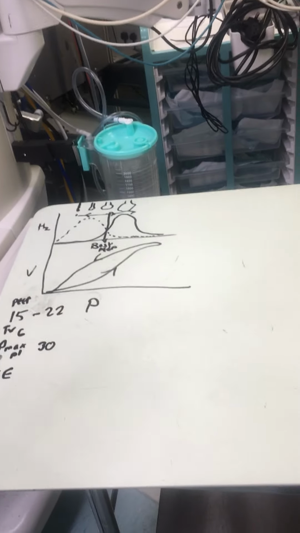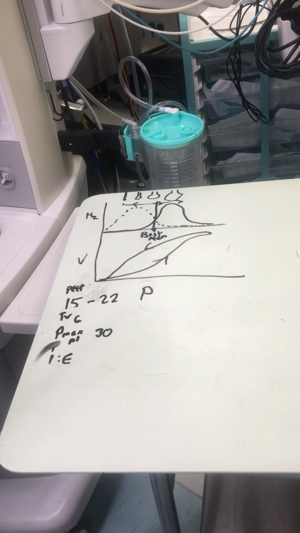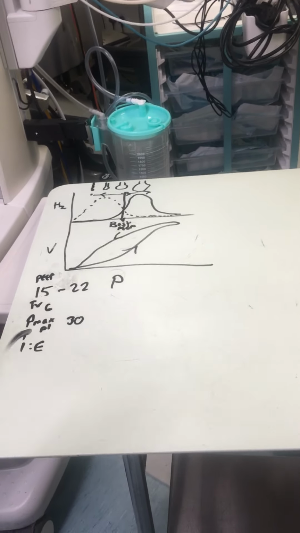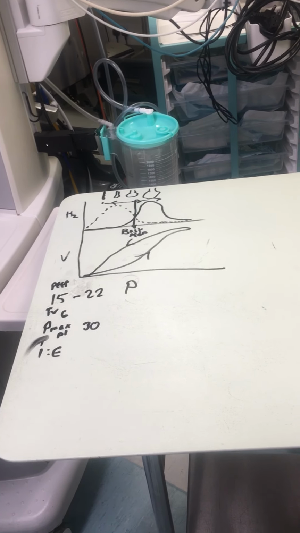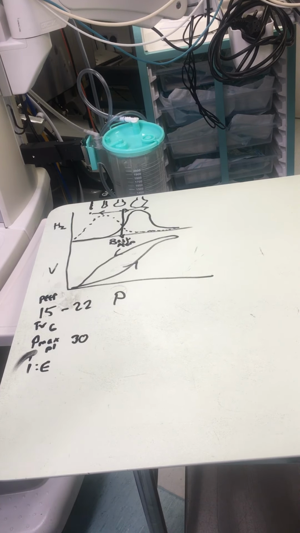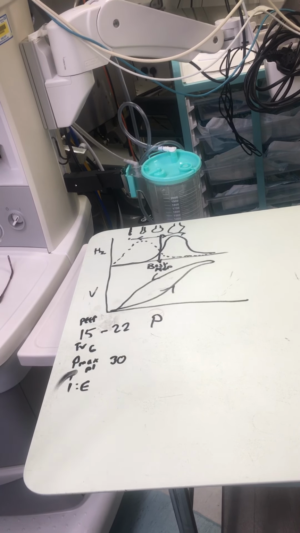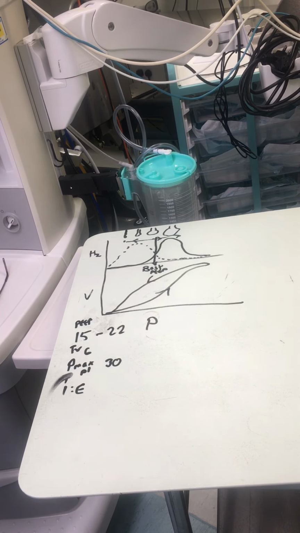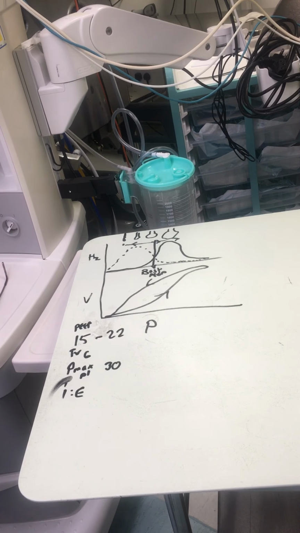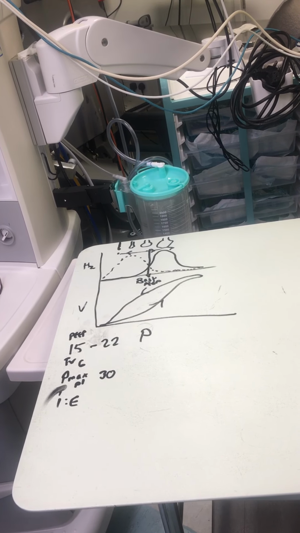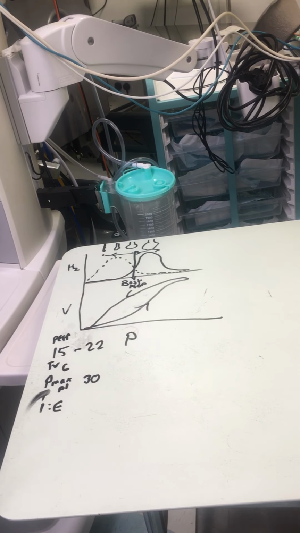Oh, I know. IE ratio. It's usually 1 to 2. That's a kind of bog standard setup. We all do that in theatre, don't we? Whenever I start someone on a ventilator, I always think, what is the problem here? Is it gas in, gas out, or both? With most of these patients, it's going to be gas in, because their lungs will be somewhat stiff.